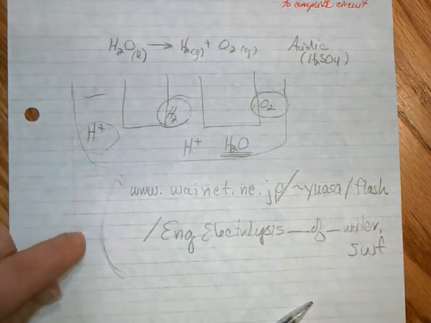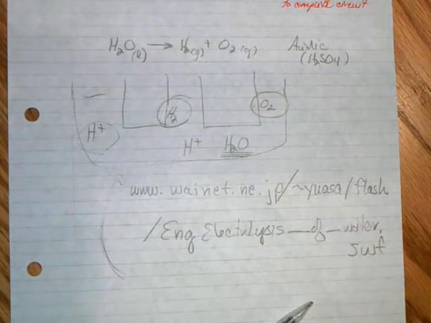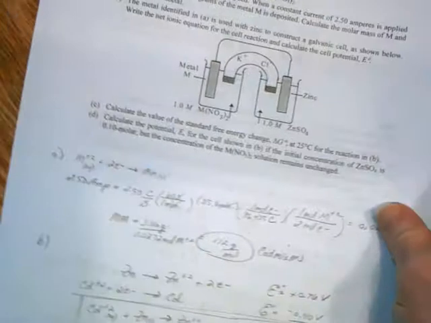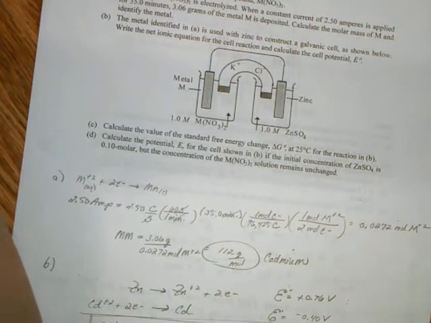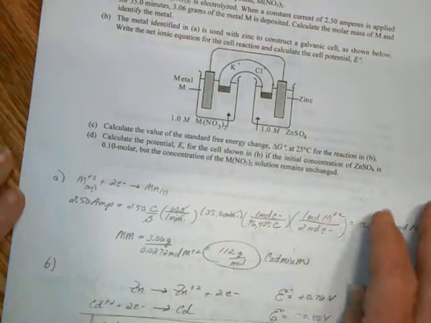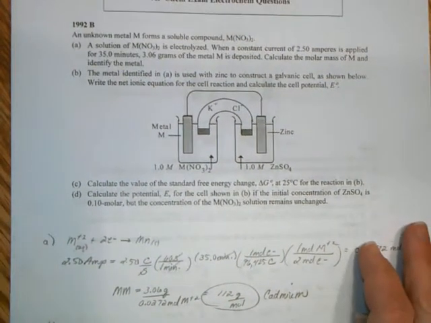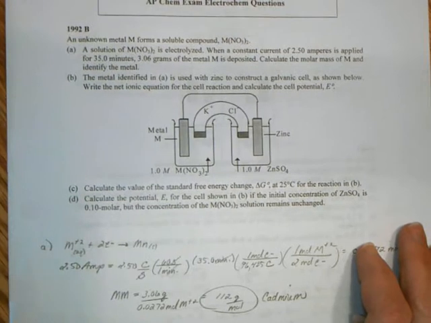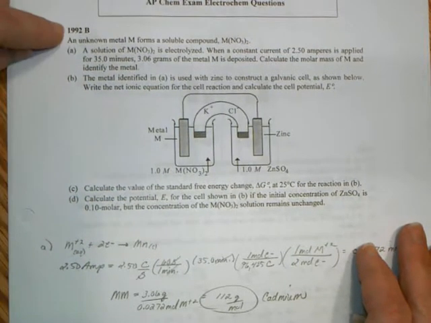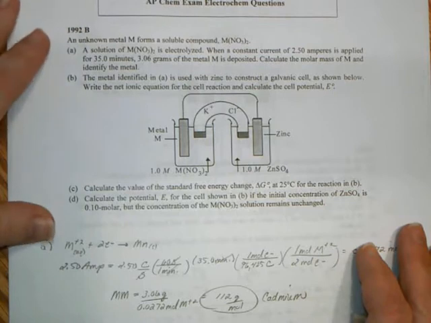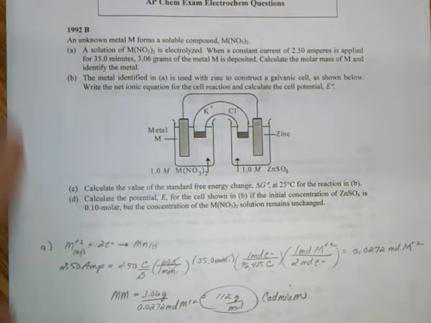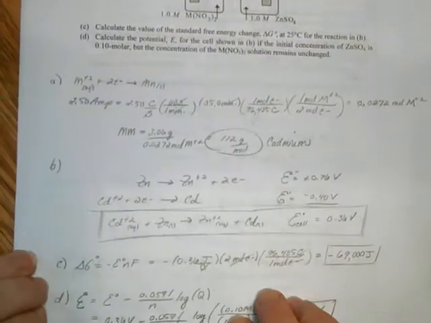The other thing that I wanted to bring to your attention are past AP Chem exam questions. So you can walk yourself through what you may be asked to do with this information. This is from 92. If you want to pause and take a look at what the question is asking, I've shown all my work.